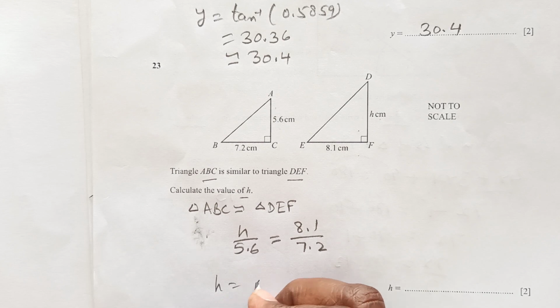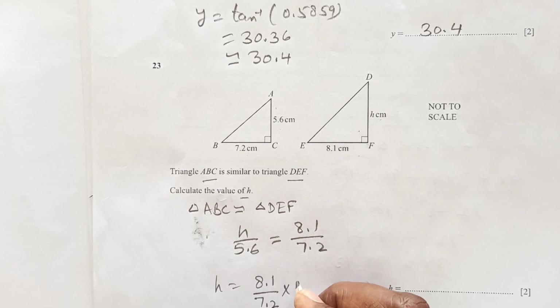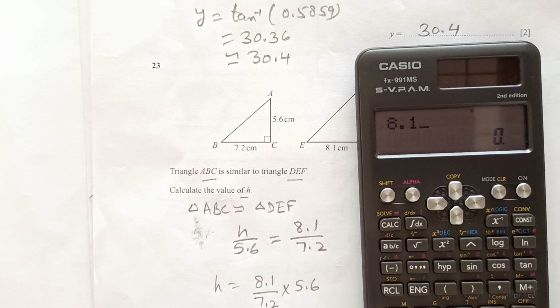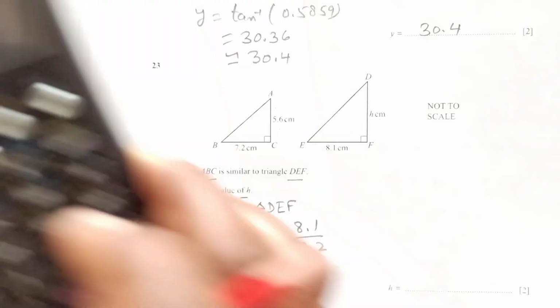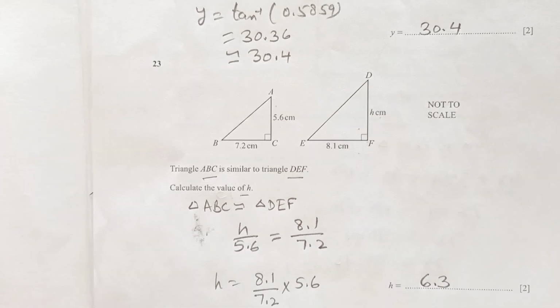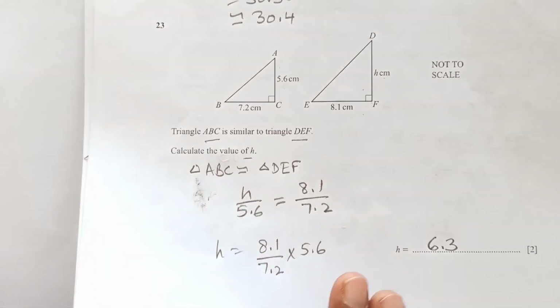So h is going to be 8.1 over 7.2 times 5.6, right? So 8.1 times 5.6 divided by 7.2 is 6.3. So the value of h is 6.3, right?